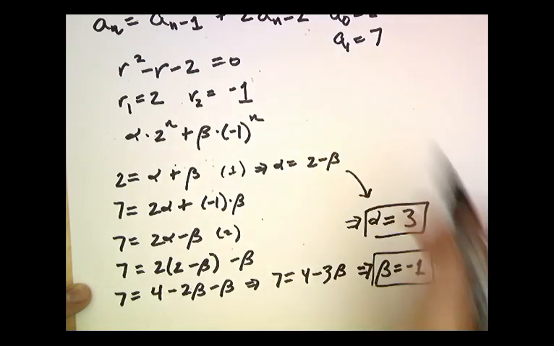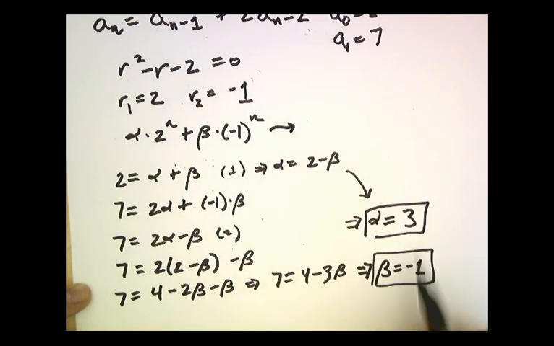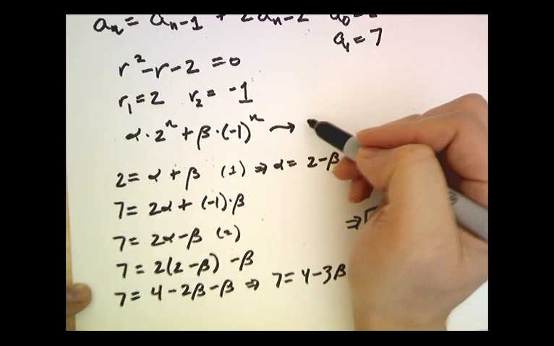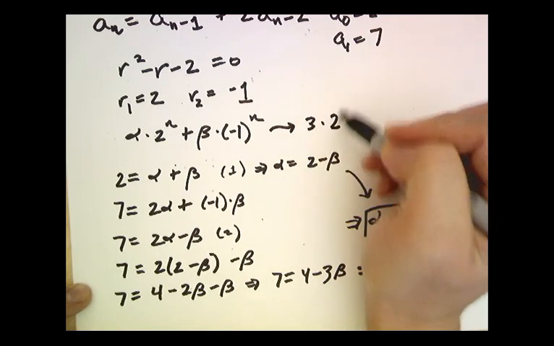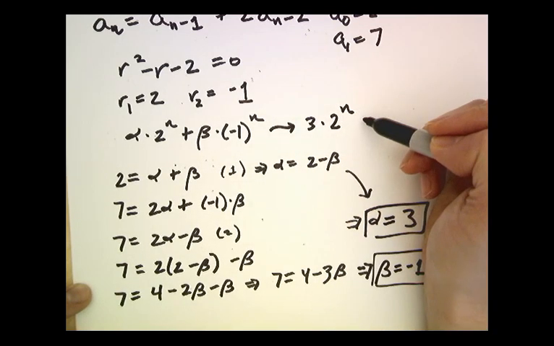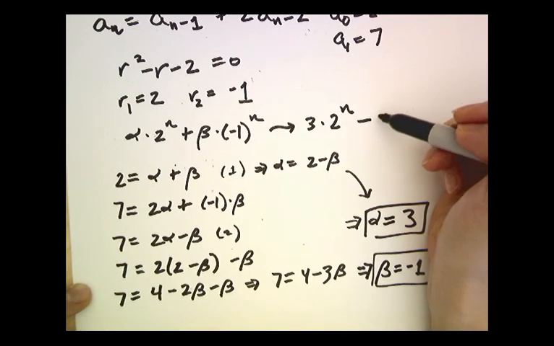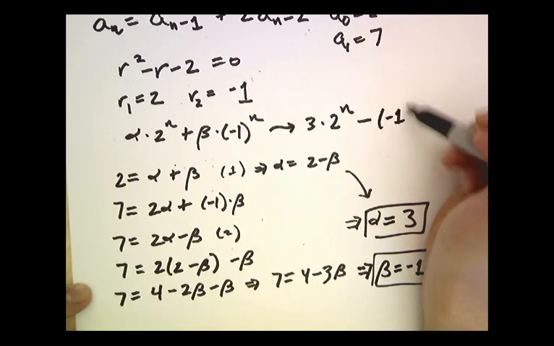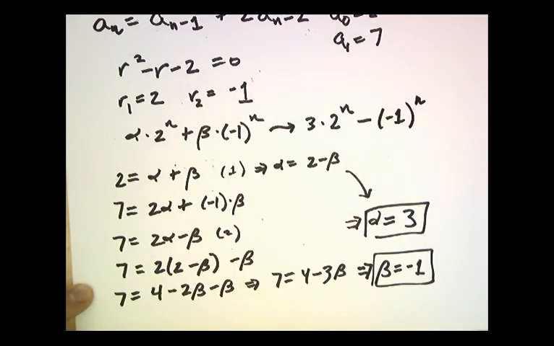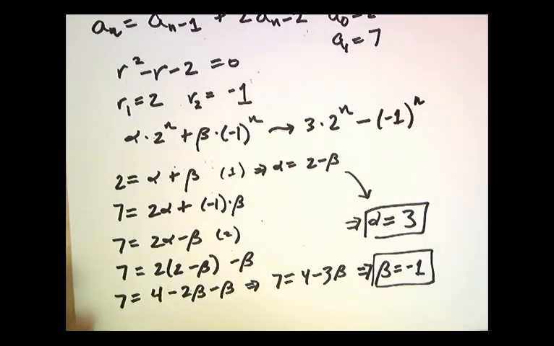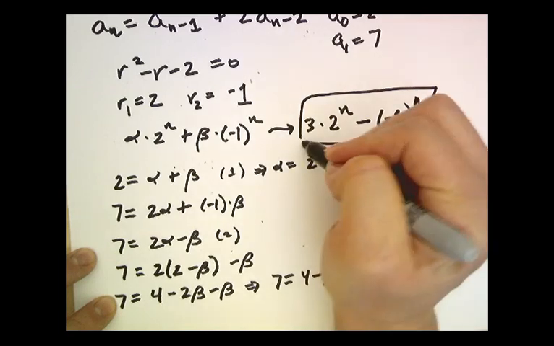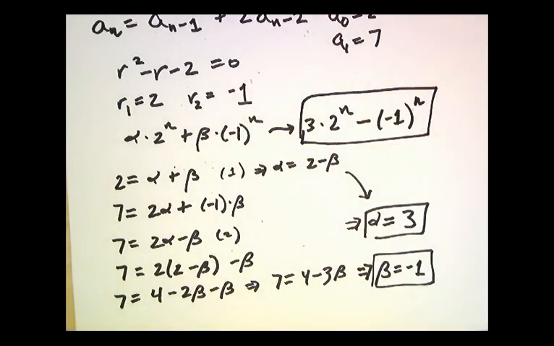And so our final solution, substituting in numbers for alpha and beta, is 3 times 2 to the n minus 1 times (-1) to the n. And this is the closed form solution for that particular recurrence.